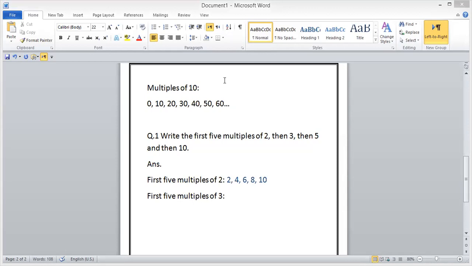Yes, then you can write 0, but not in multiples of 3, okay? You can write 0 in multiples of 2, multiples of 5, and multiples of 10. I write here, no problem. So I'm skipping 10 from here then: 0, 2, 4, 6, or 8.